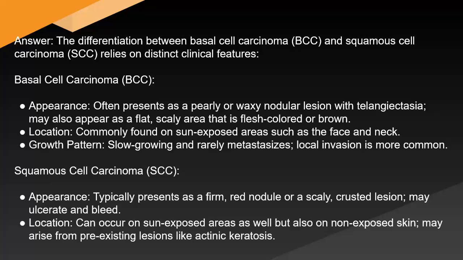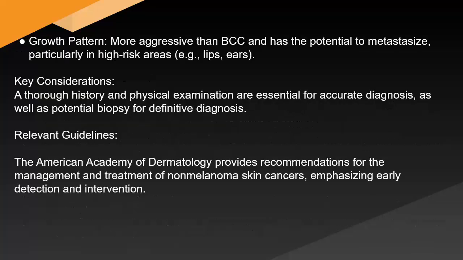Squamous cell carcinoma (SCC) appearance typically presents as a firm, red nodule or a scaly, crusted lesion and may ulcerate and bleed. Location: can occur on sun-exposed areas as well, but also on non-exposed skin, and may arise from pre-existing lesions like actinic keratosis. Growth pattern: more aggressive than BCC and has the potential to metastasize, particularly in high-risk areas, e.g. lips.